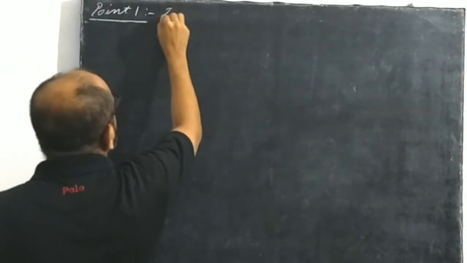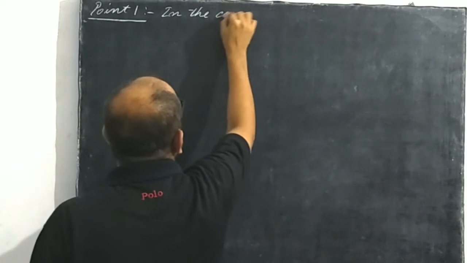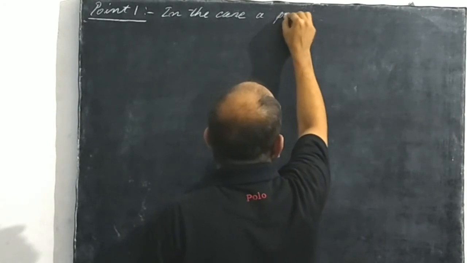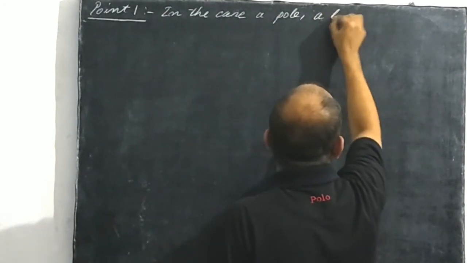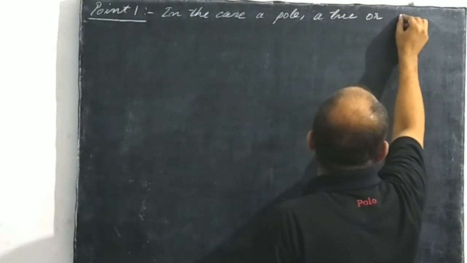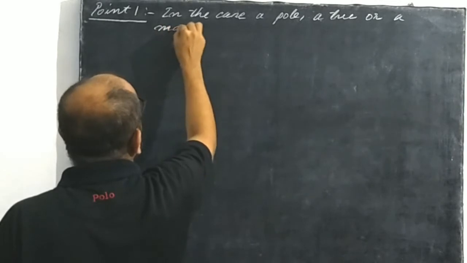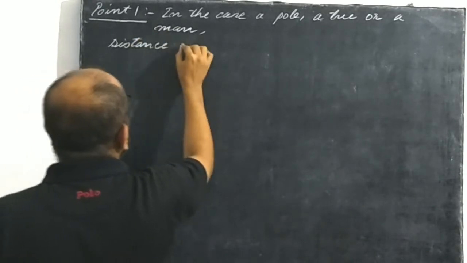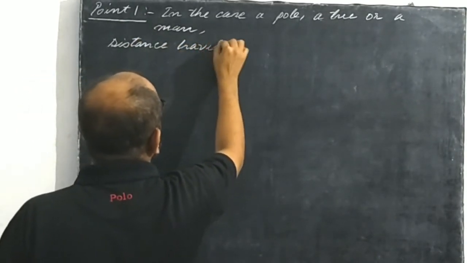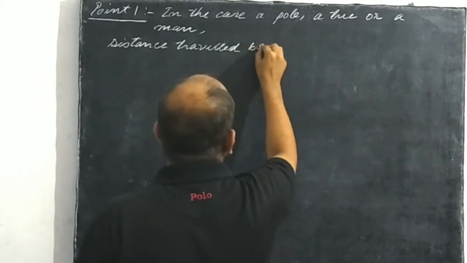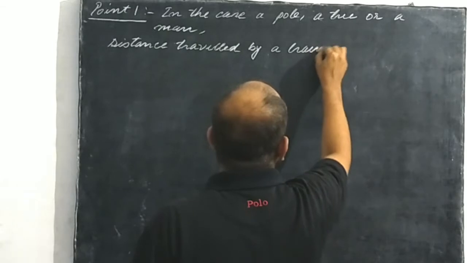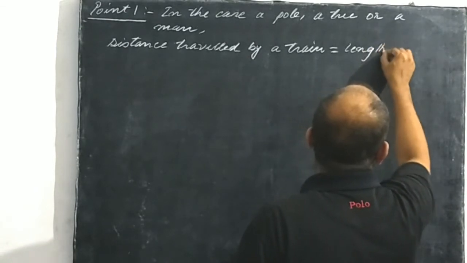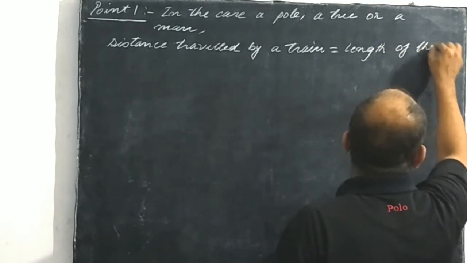So point 1, in the case of a pole, a tree, or a man, the distance traveled by a train is taken as the length of the train itself.